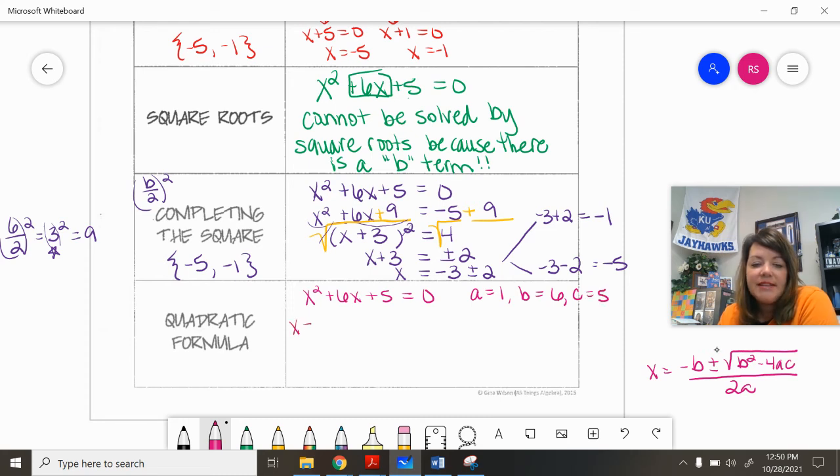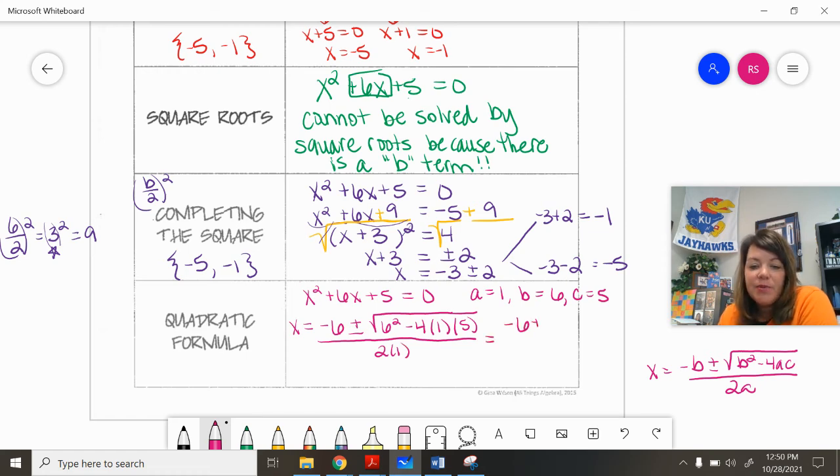So here we go. x equals the opposite of b, -6, plus or minus the square root of 6 squared minus 4 times a times c, all over 2a, which is 2 times 1.